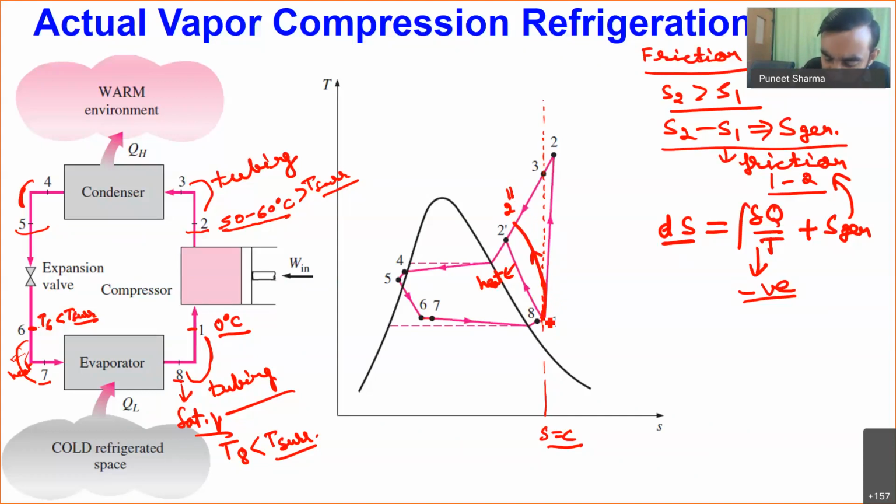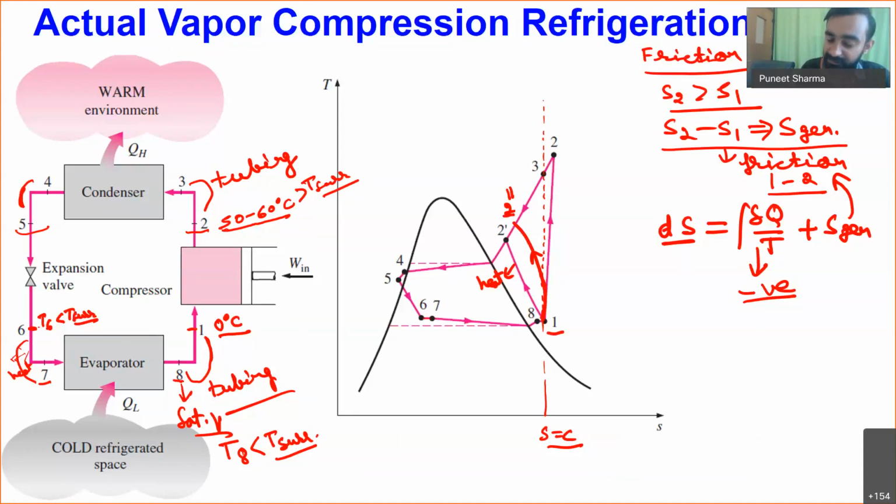So near the inlet portion of the compressor, we will have positive entropy generation. And when we have increased the pressure to a certain level where our temperature is above the surrounding temperature inside the compressor, then the heat transfer will be more dominant, because of which we will have a decrease in entropy.